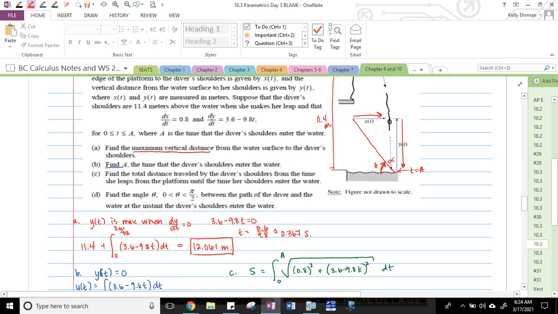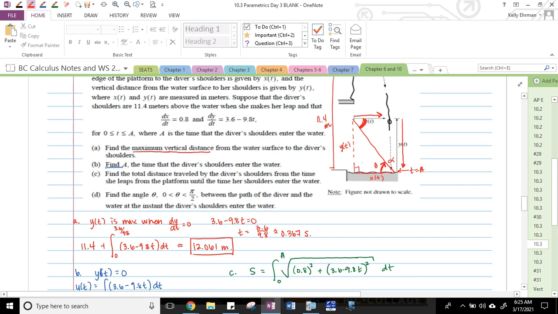Or I can switch things around: isn't this distance still y of t, and isn't that horizontal distance still x of t? So it's just me flipping this triangle around. Instead of finding alpha, I'm finding its alternate interior angle right here.